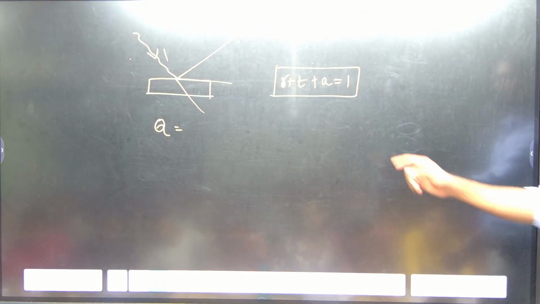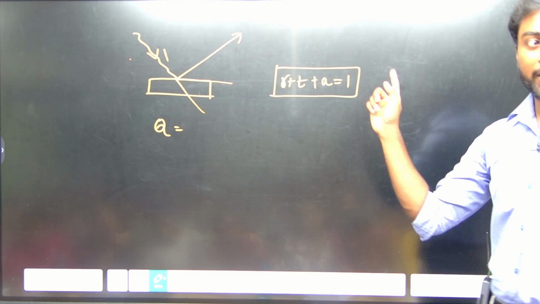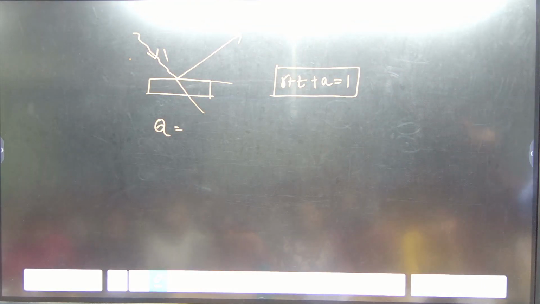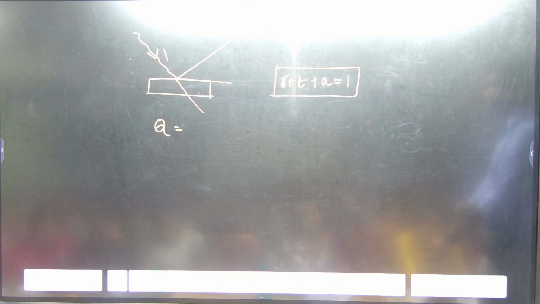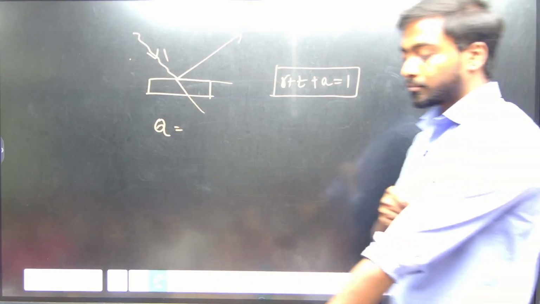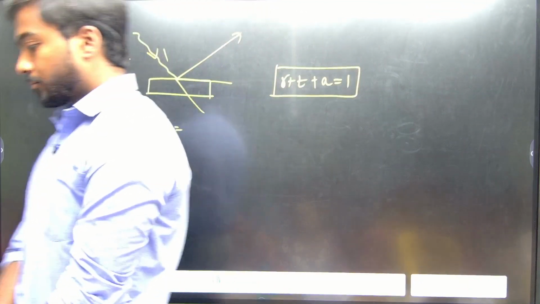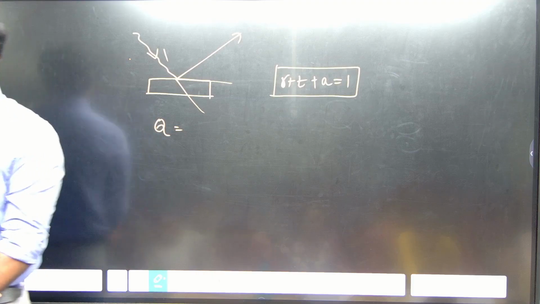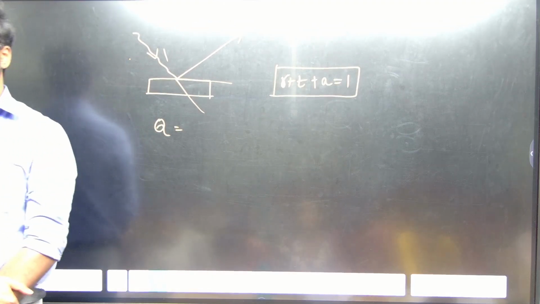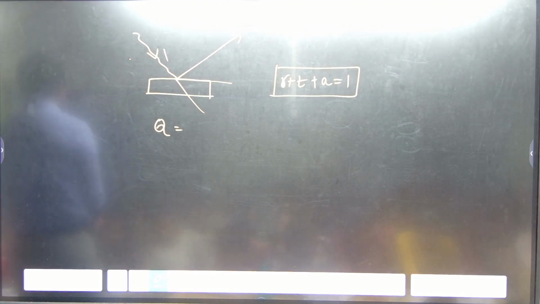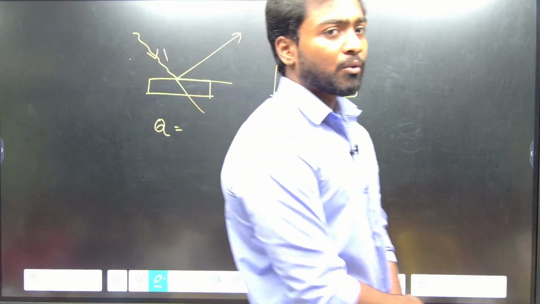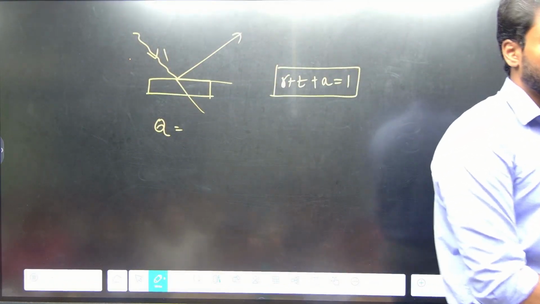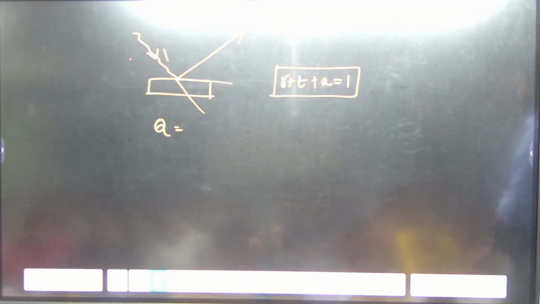If T is equal to 1, what is the condition for R and A? R is equal to 0, A is equal to 0. Second point: if there is no radiation, meaning R is equal to 0, then A plus T will be equal to 1.